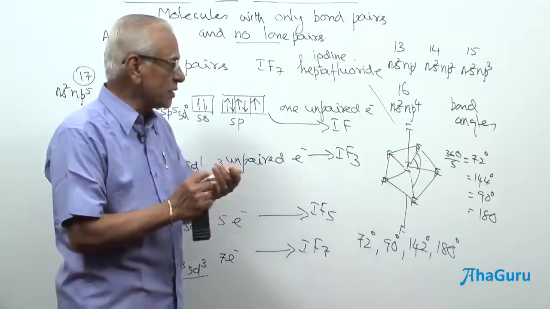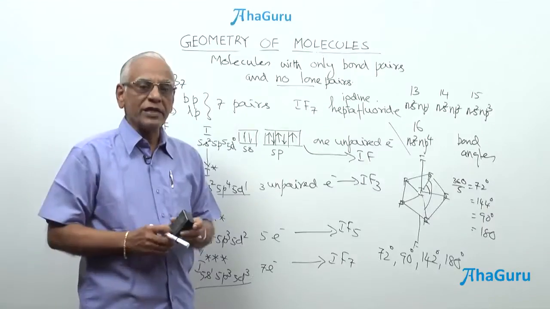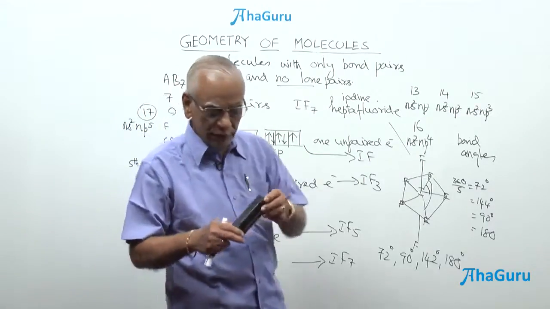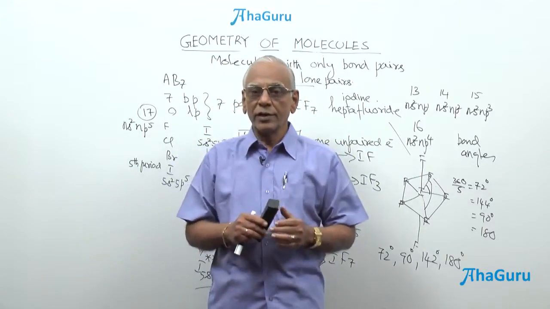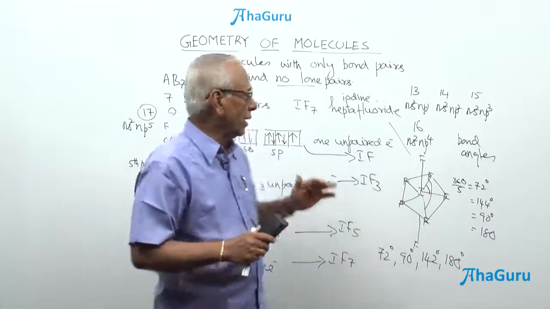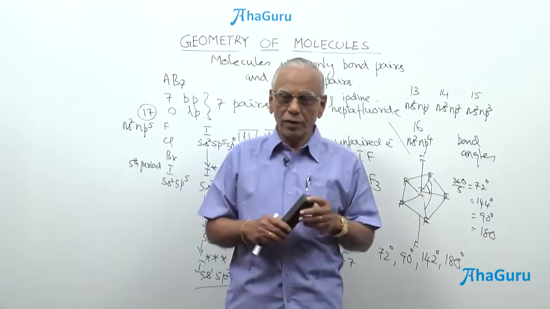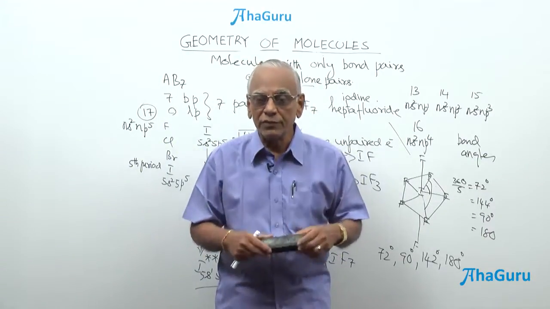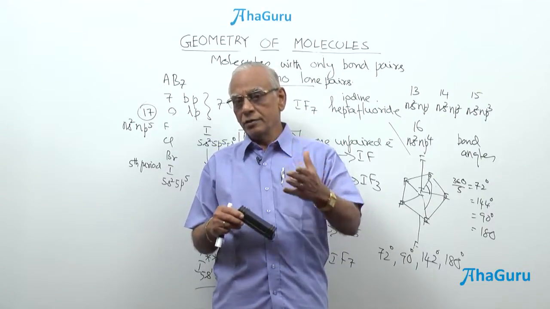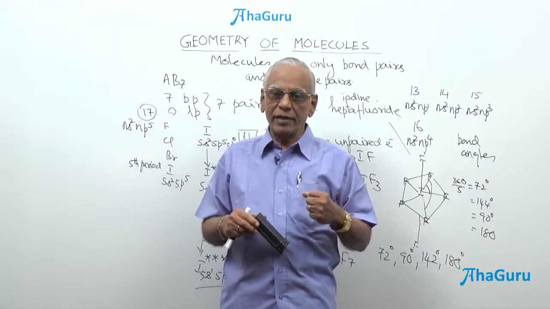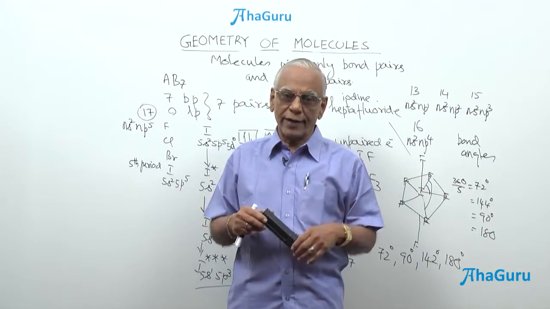Therefore, my dear students, this is going to be AB7. So, on the whole, we have taken up examples containing only bond pairs, and that is going to be AB2, AB3, AB4, AB5, AB6, AB7. AB2 beryllium chloride, AB3 could be boron trifluoride.